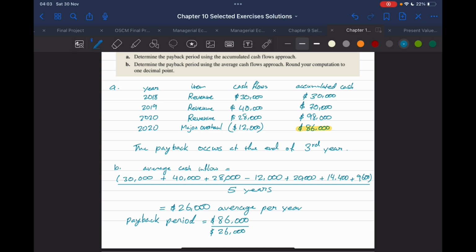Okay, so $86,000 divided by $26,000, that's going to give us 3.3076. So we're going to round to 1 decimal place, just like the question asked us to do. So that's going to be 3.3 years. Okay, and that is going to be the payback period using the average cash flow method.